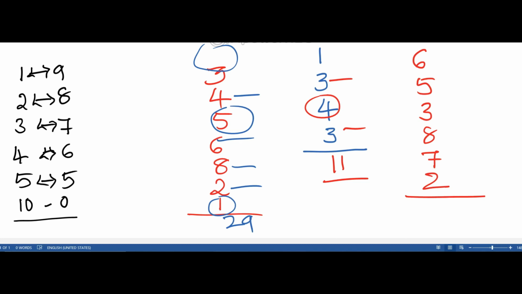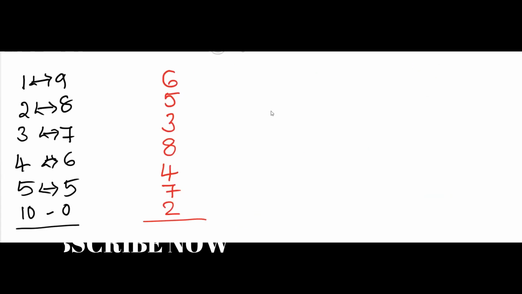See friends, we have to solve this in less than 10 seconds. We have to see the question and the answer straight away. See, 10, 20, 31. We will try to do this in less than 5 seconds.